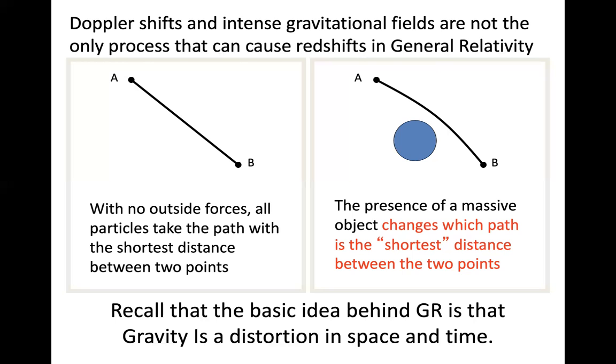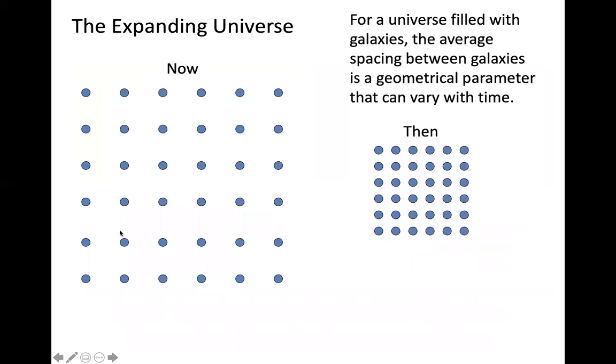And so what this means is that if you have a bunch of objects which have mass and they're distributed throughout the universe, this is just showing a small patch of them, the collective gravity of that material can change the scale of the universe, which is a geometrical parameter, so that over time, the average distance between these massive objects changes so that they might be closer packed in the past than they are today.